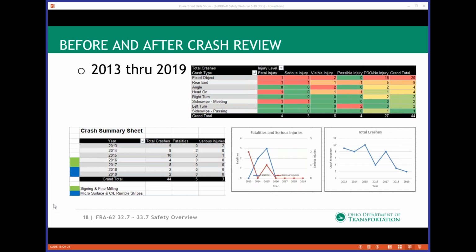There's no fatal, of all the injury type crashes, there have been no injuries, no fatalities that happened out there. It's been a significant reduction in all the crash numbers.